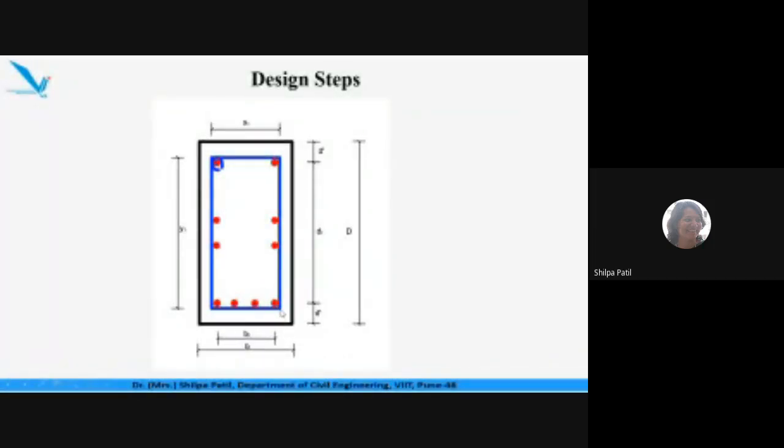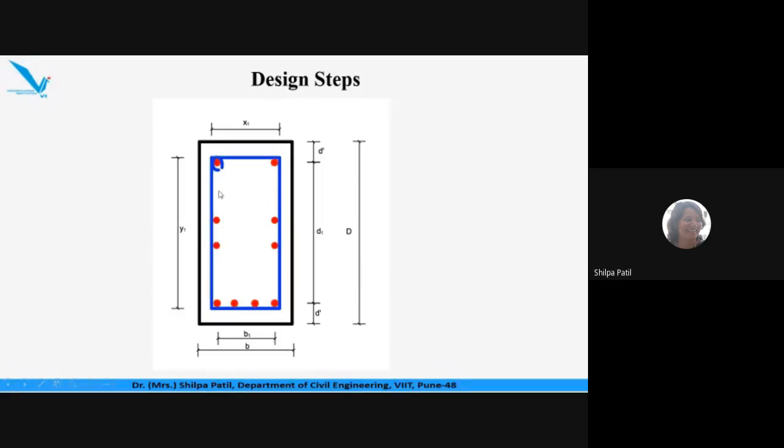We have calculated b1 as the center to center distance between two corner bars. Similarly, we have to find out the center to center distance between two legs of stirrups. That is x1. So we have to simply subtract the side cover from both the sides from your total width, and then half the diameter of the stirrup from one side and half from the other side.